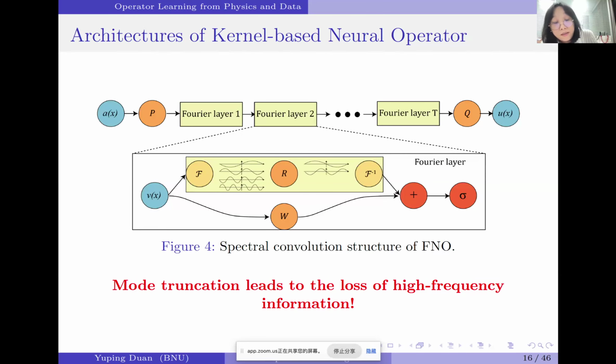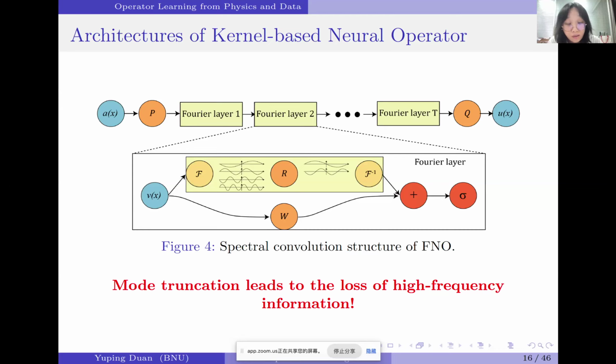This figure shows the basic FNO architecture. FNO transforms the feature to the Fourier domain, applies learnable spectral weights, and then transforms them back. So this is this branch. In the Fourier domain, we learn the spectral weights for each mode and then combine them together to send them back.